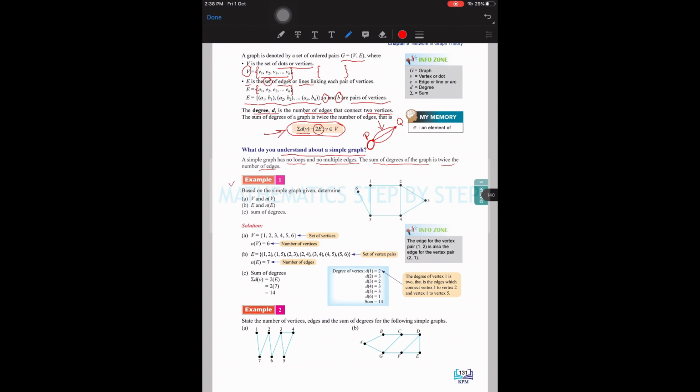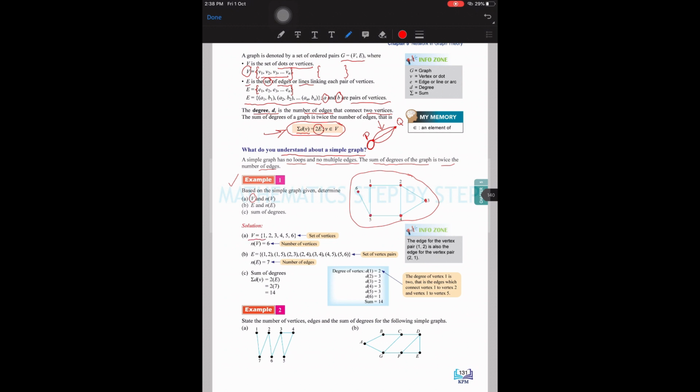So let's go through this example 1 together so that you can understand better. Based on the simple graph given, determine V. V is the set of vertices, okay? So in this case, we can see all these dots are the vertices and they are named 1, 2, 3, 4, 5, 6, okay?